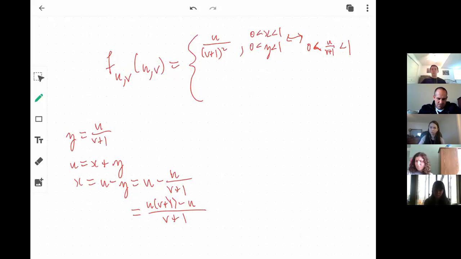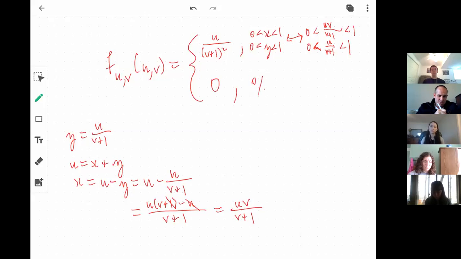And the U's cancel, and I just get UV over V plus 1. Is that what you got for X, Emma? Yeah. So that X thing just translates to 0 less than UV over V plus 1 less than 1, and it's 0 otherwise. That's what the new density is for U and V.